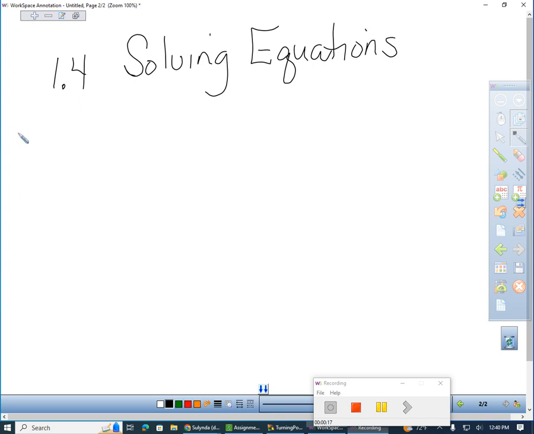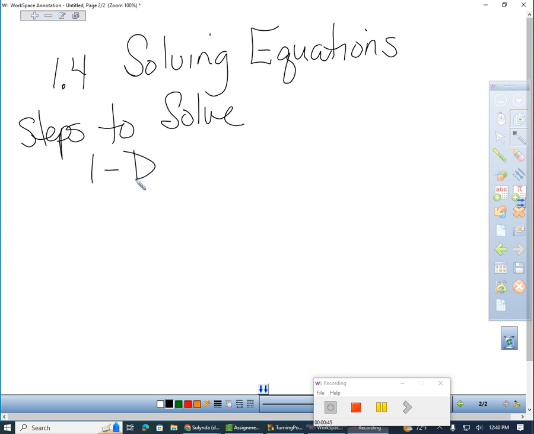So first, steps to solve. Step number 1, distribute. If there are parentheses anywhere, make sure you distribute to get rid of the parentheses. Step number 2, clear the fraction.